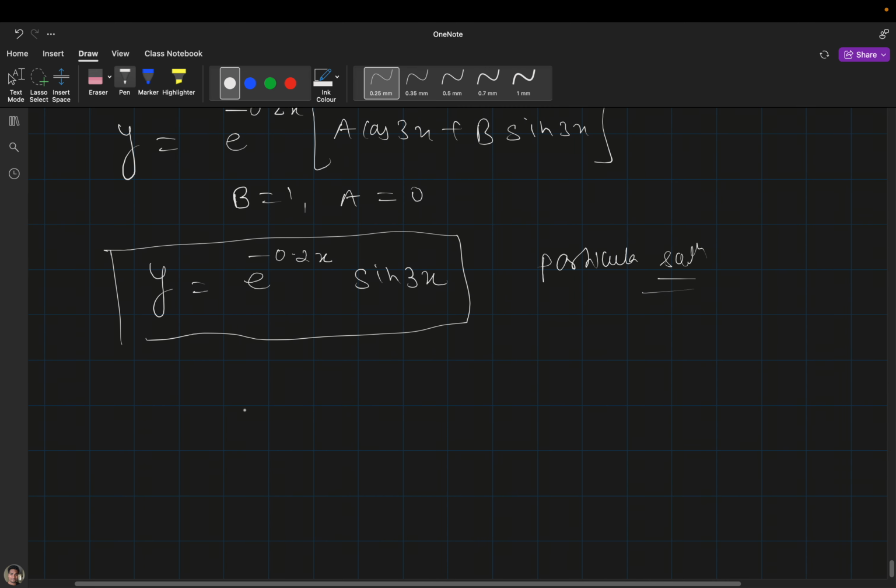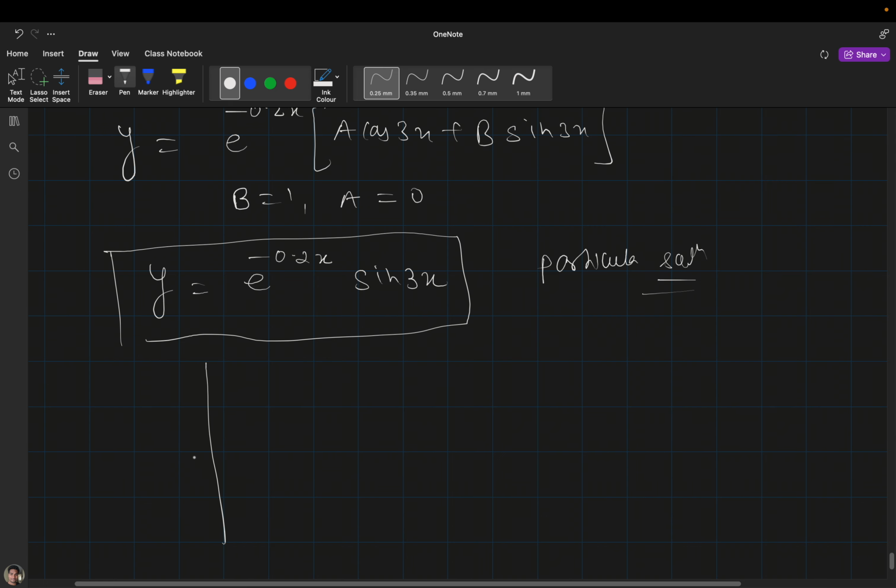Now if you draw the graph of this function, first you can see, what is the time period of this function?